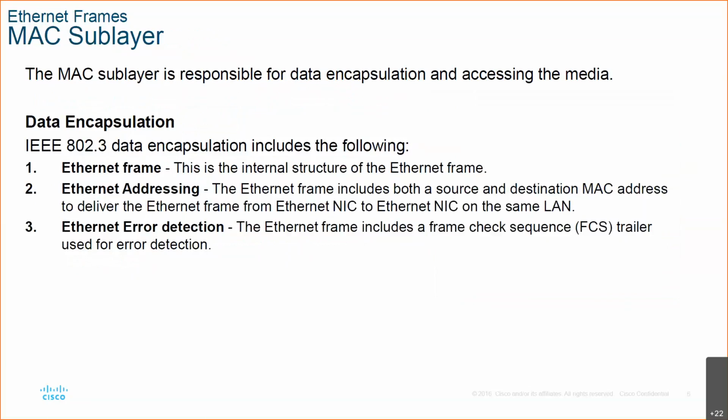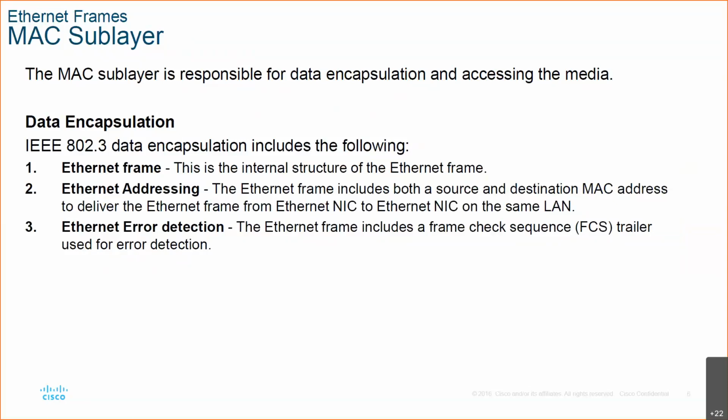So let's look at our media access control. This sublayer is responsible for data encapsulation and accessing the media. This standard is given in IEEE 802.3. It encapsulates by looking at three main things.